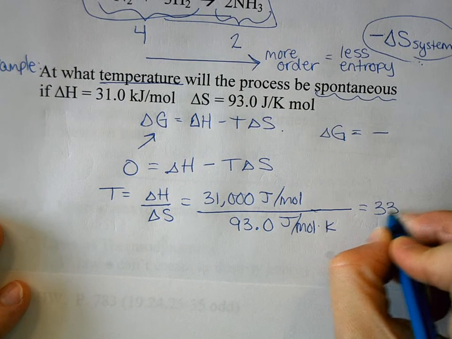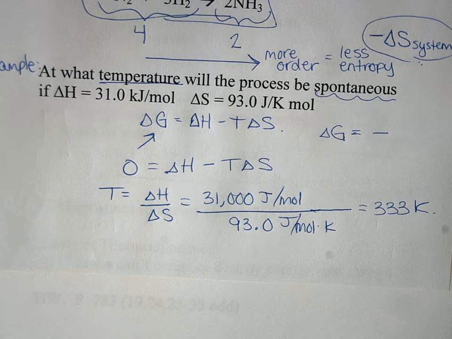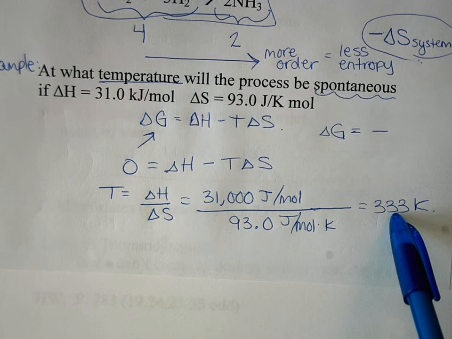You calculate that and it gives you 333 Kelvin. 333 Kelvin is not the answer. The question is, at what temperatures will it be spontaneous? This just tells me when my delta G is equal to 0.